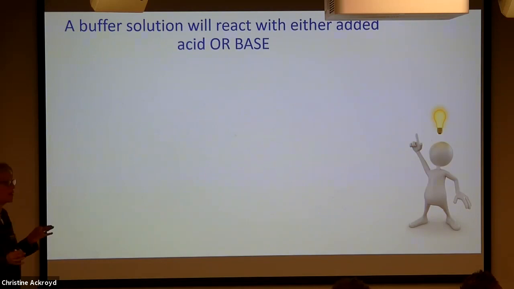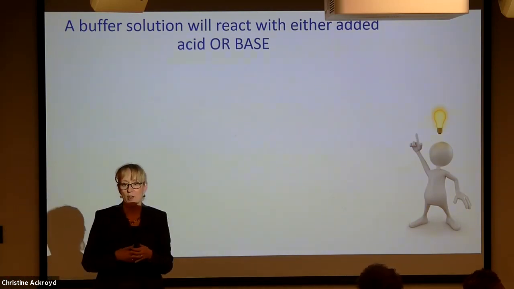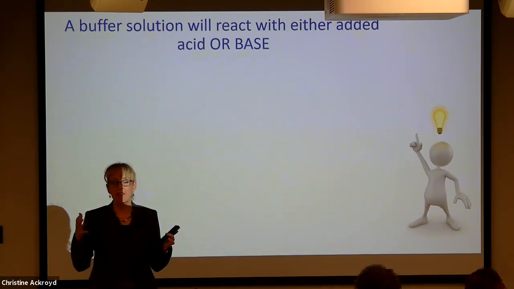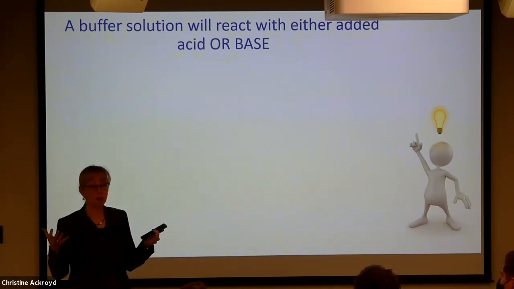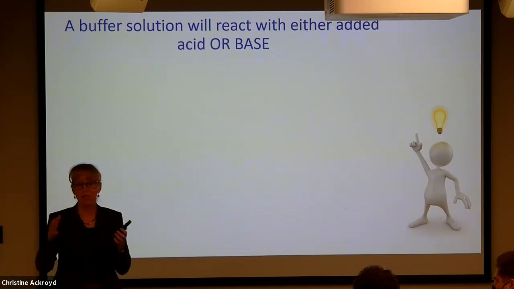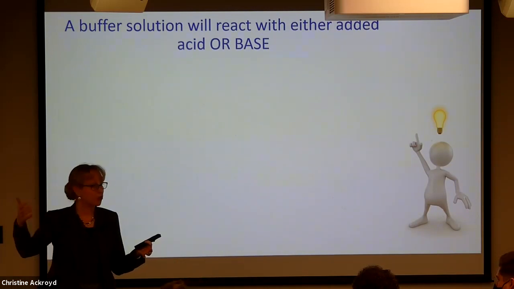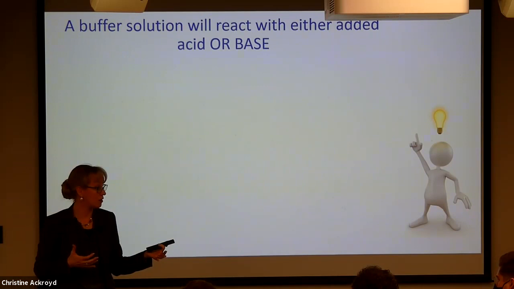Okay, let me just point out some things that are valuable here. One of the reasons that a buffer is so important in how it works is that what we've done is made sure that in solution, we have a stronger acid than water and a stronger base than water.